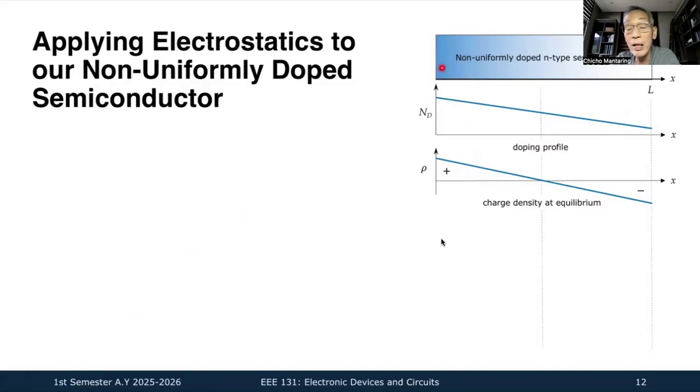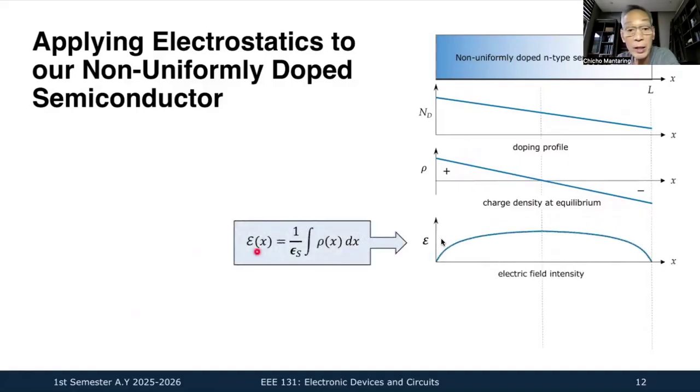Remember that your electrons will diffuse toward the right, but it will stop diffusing when the electric field created by the movement of electrons introduces enough drift current to counteract the diffusion current. Nonetheless, there will be a charge density profile at equilibrium, and we assume a linear charge density profile for simplicity.